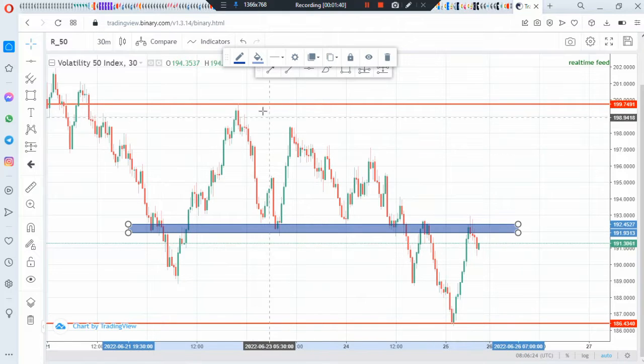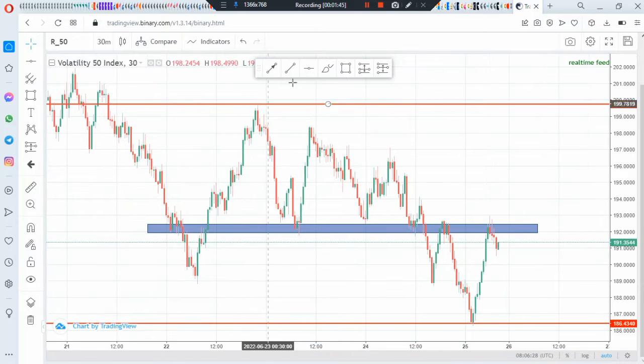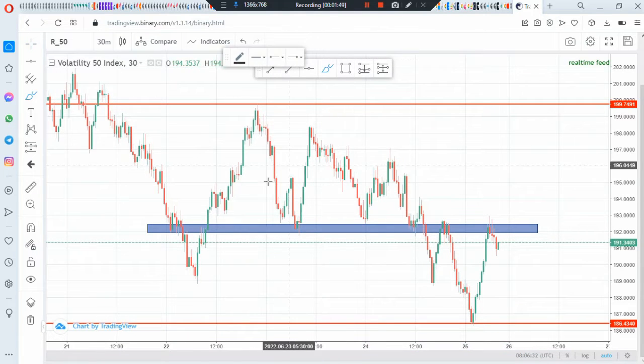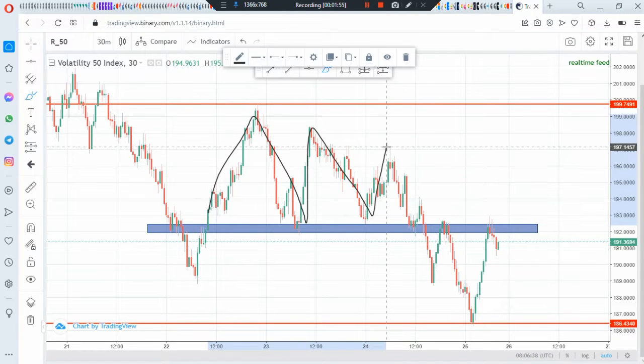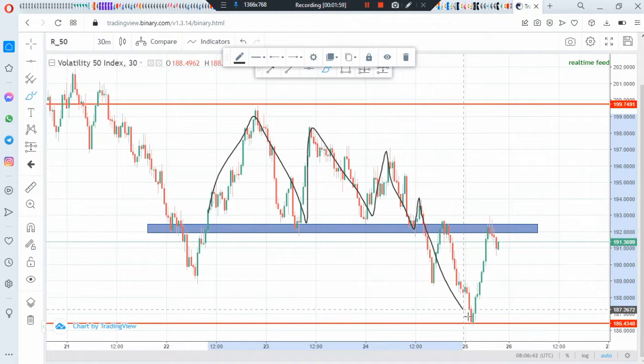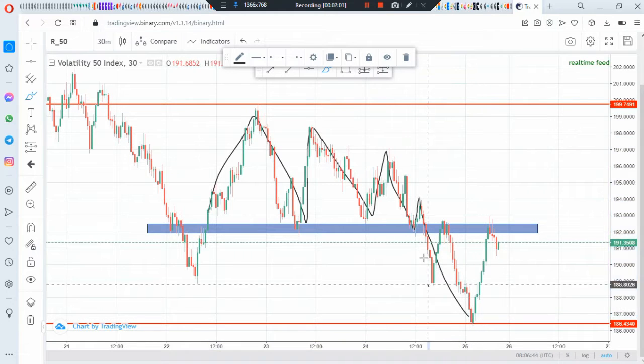As you can see, the trend went up, down, touched, up, down, touched the second time, up, down, touched the third time, before it broke below. As you can see here, it retested around this area, came down, did it again.